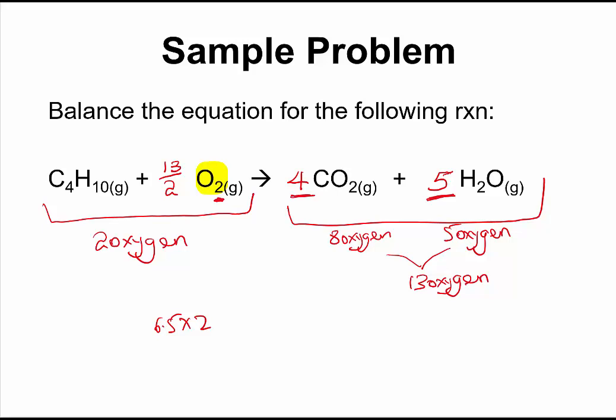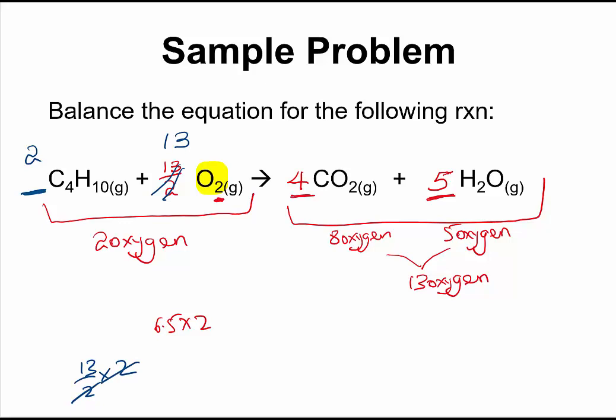We can multiply all the coefficients by 2. And if we do that, the coefficient in front of C4H10 will become 2. The coefficient in front of the O2 will become 13, because 13 over 2 times 2 is equal to 13.